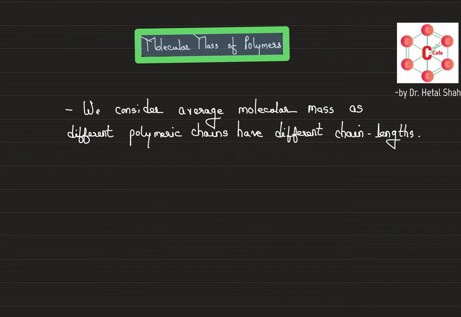Now, how many different types of average molecular masses can we have? Here we have two categories.